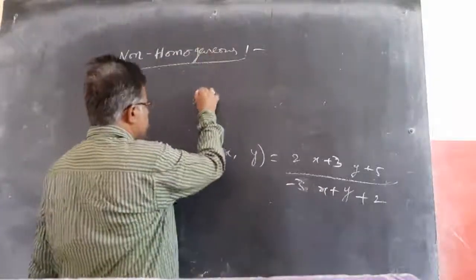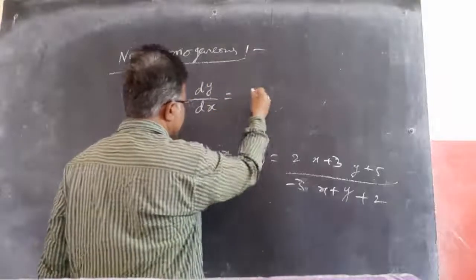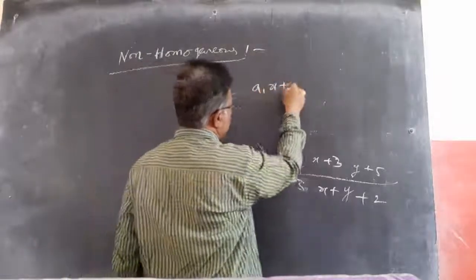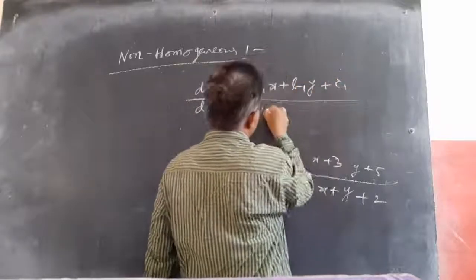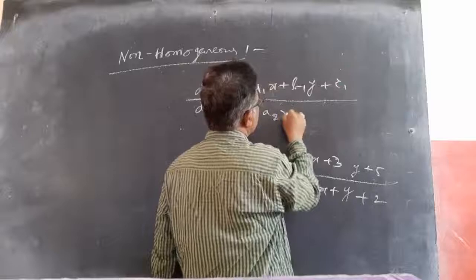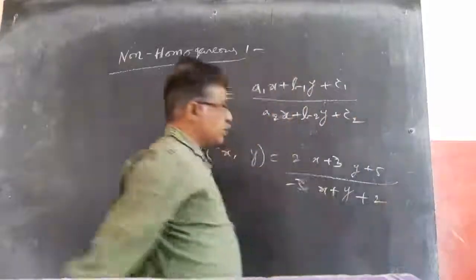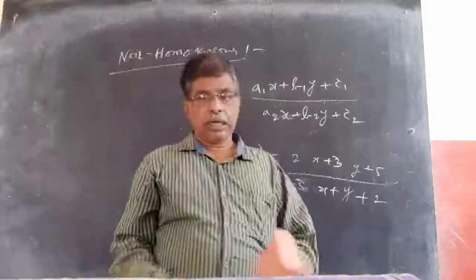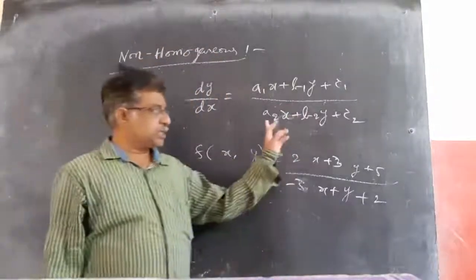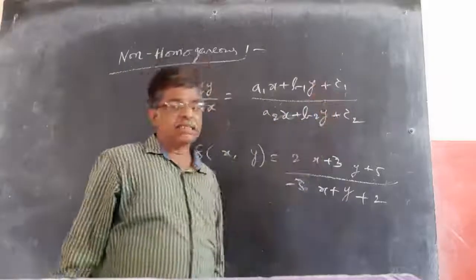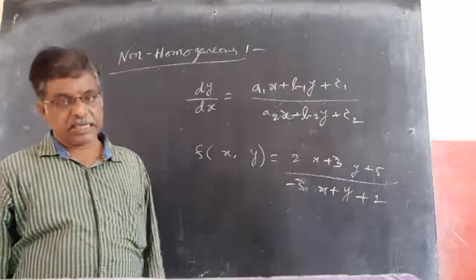The non-homogeneous linear differential equation of first degree we can write like this: (a1x plus b1y plus c1) by (a2x plus b2y plus c2). Like these forms, we will call it a non-homogeneous equation of first degree.